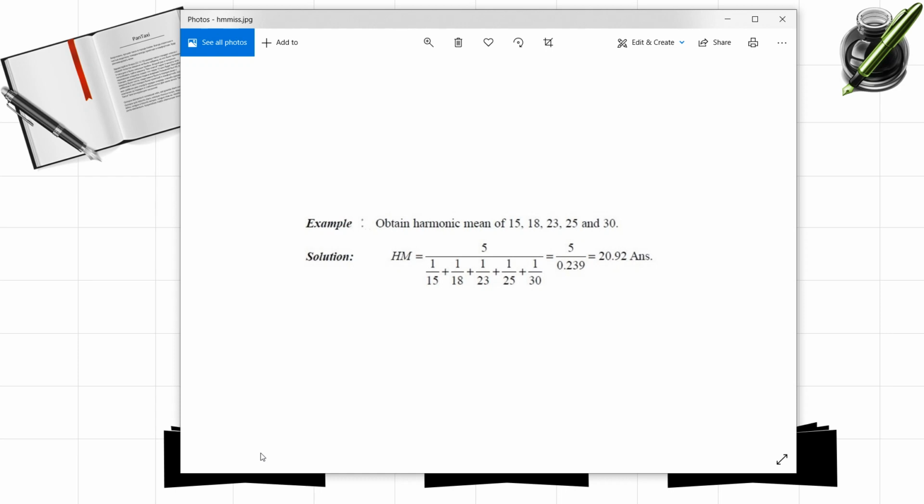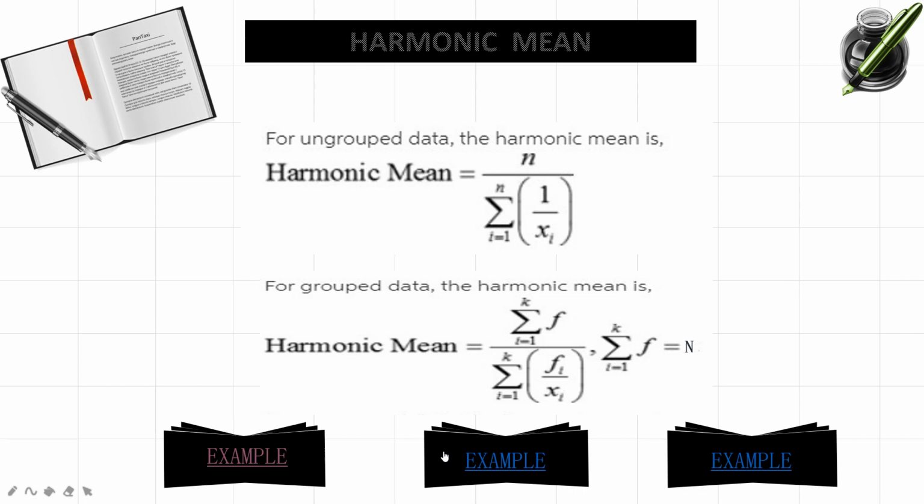So this is the method to find the harmonic mean in case of individual series. Very simple. First of all, find the reciprocals of the given data and then do the total of that. That will be your denominator, and the numerator is the number of observations. That's it.